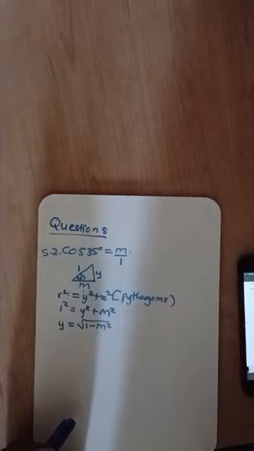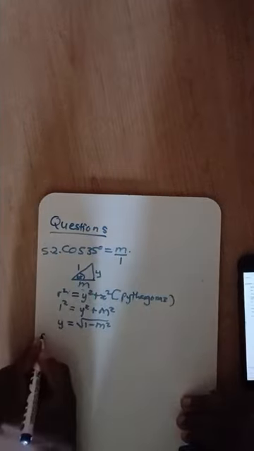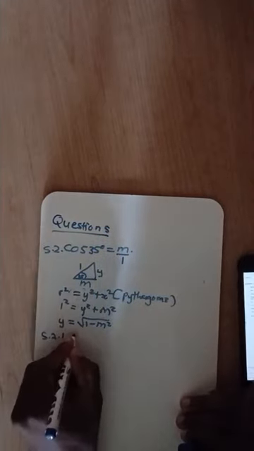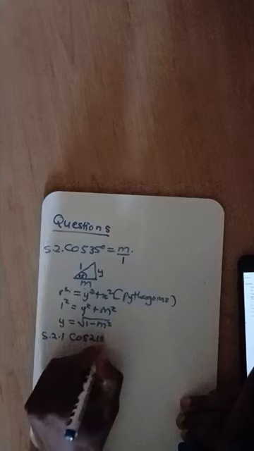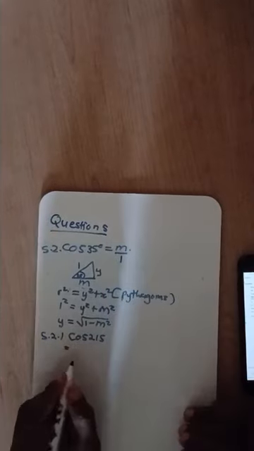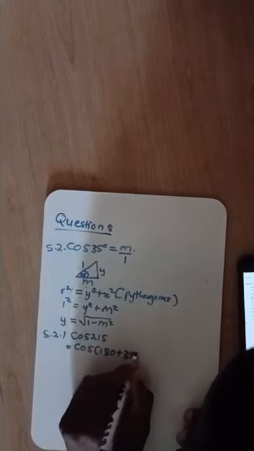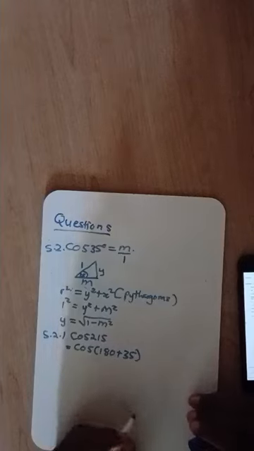You go and solve the question from 5.2.1. For 5.2.1, they say cos of 250. We know this is equal to cos of 180 plus 35. This will give us 215.